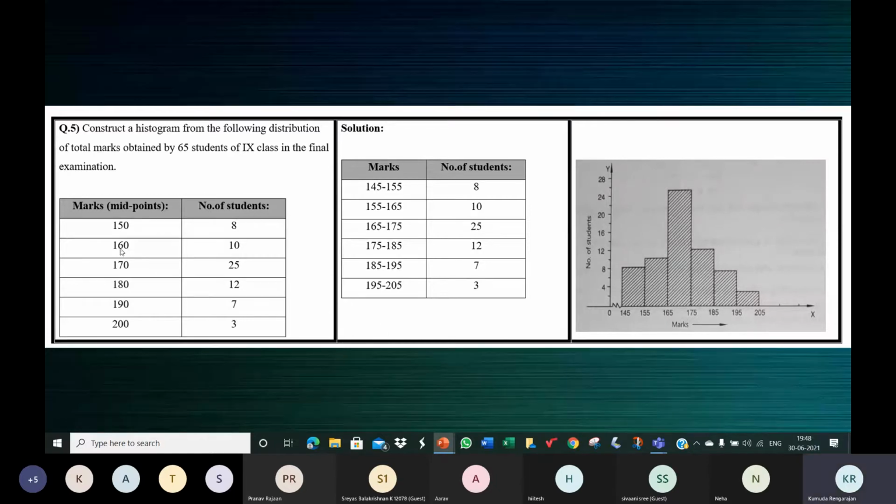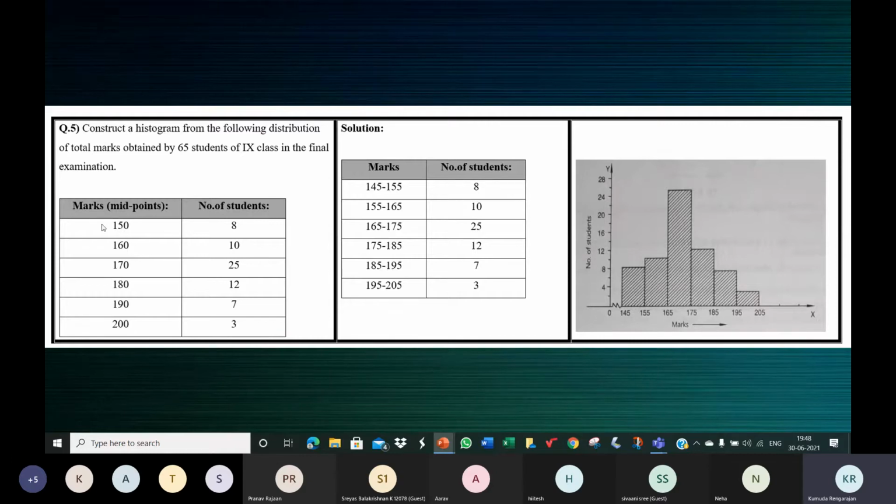The procedure is to find the difference between any two consecutive class marks. So 170 minus 160 is 10. Don't take the negative difference, children. It's not 160 minus 170. It's 170 minus 160, 10. Always divide by 2. 5. Keep that value in your mind.